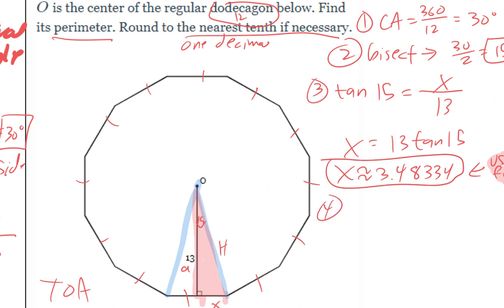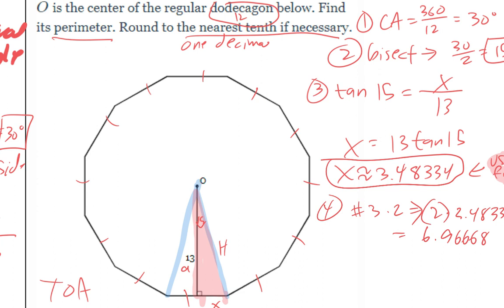So now we said number 4 was to take number 3 times 2, right? So if we put that in our calculator, 2 times 3.48334 would give me 6.96668.